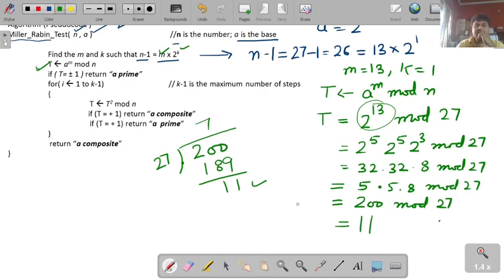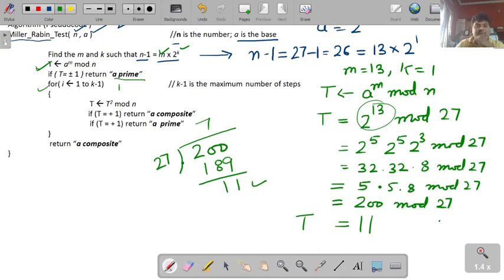You can see that here our k is equal to 1. If t is plus or minus 1, then return prime, but here t is equal to 11, so it is not prime according to this statement. Move to the next statement, the for loop.